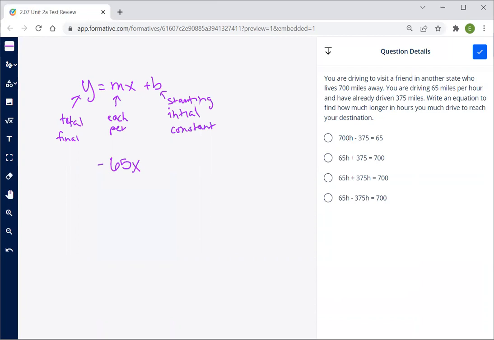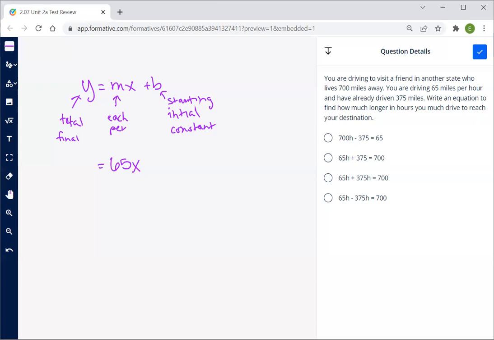And now I just have to figure out, do I want to put 700 as the total or the constant? And same thing with 375. Okay, and since it says that they've already driven 375, that'd be where you're starting. Okay, that'd be your starting amount because that's what's already happened.